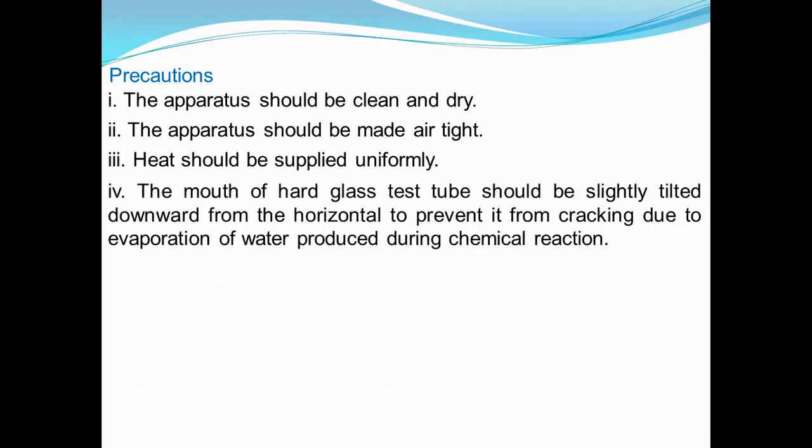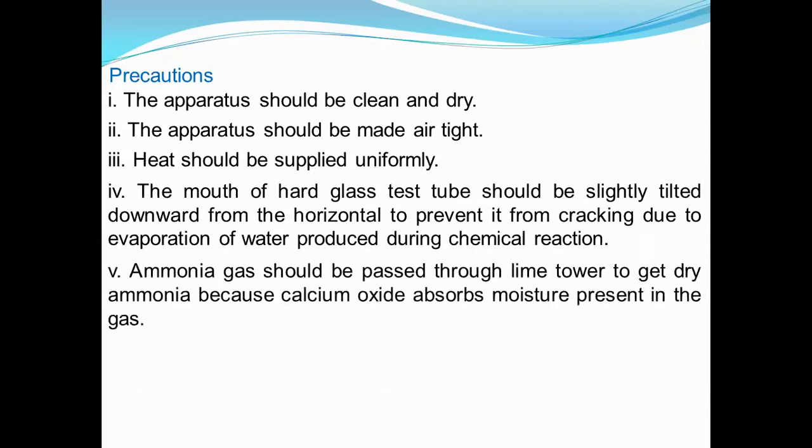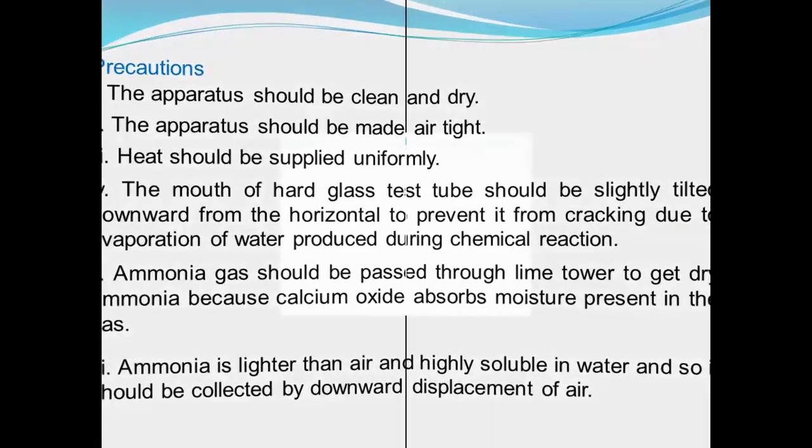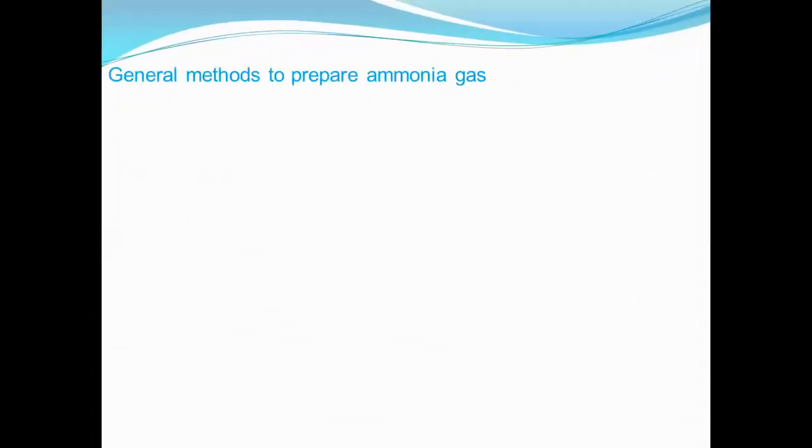The mouth of the hard glass test tube should be slightly tilted downward from the horizontal to prevent it from cracking due to the water produced during the chemical reaction. Everyone is okay? So ammonia gas should be passed through the lime tower to get dry ammonia. Ammonia is lighter than air and highly soluble in water, so it should be collected by downward displacement of air.